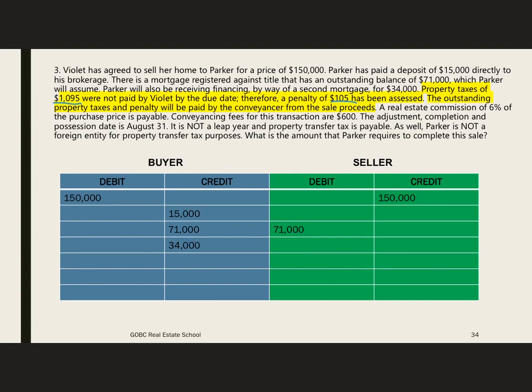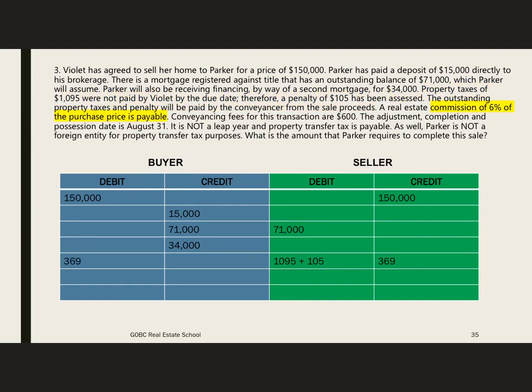So we need to debit the seller the $1,095 and the $105, and then we look at the adjustment day. So the adjustment completion and possession day is August 31st. So from that, we see that the buyer is going to be in the property for the shorter amount of time, right? They're in for the last part of the year. So we find the buyer's portion, and then we're going to debit the buyer, and we will credit that amount to the seller.